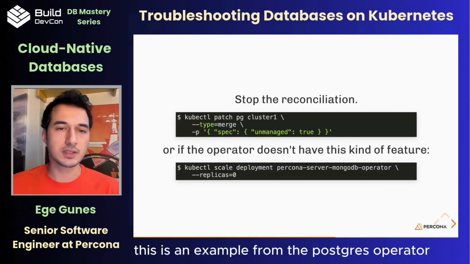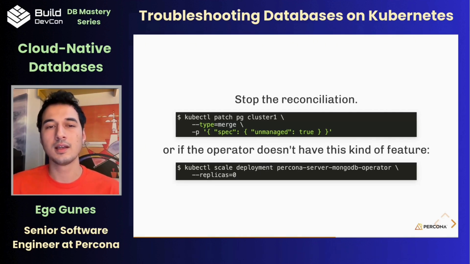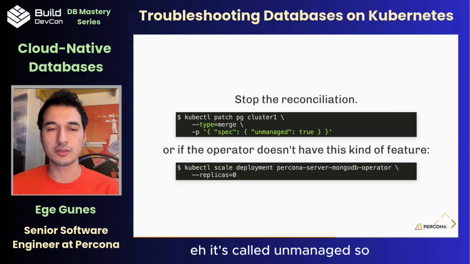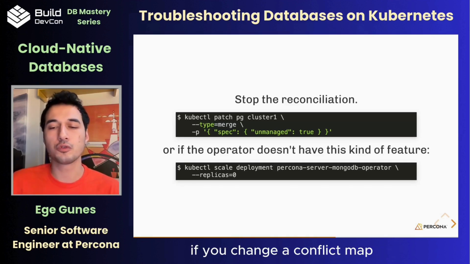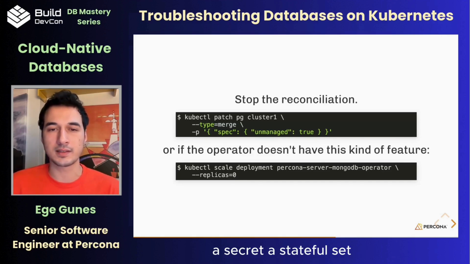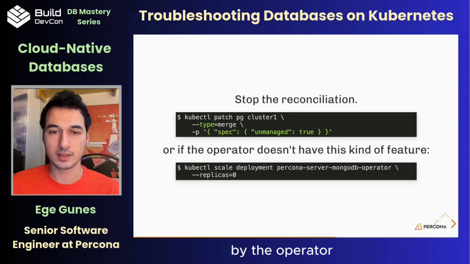This is an example from the Postgres operator. We have this special field in our CRD called unmanaged. If you say this cluster is unmanaged, then the operator will stop reconciling it. If you change a config map, a secret, or a StatefulSet, these changes won't be overwritten by the operator.